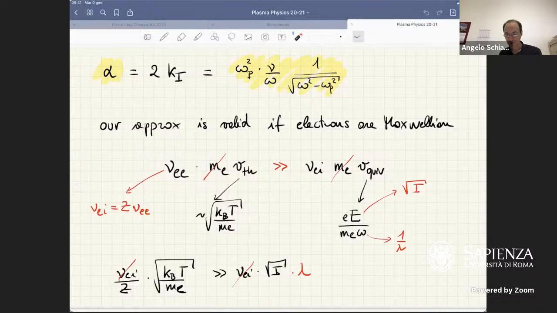The electron is oscillating up and down in the direction of the electric field with a velocity which oscillates in time at the frequency of the wave, and whose maximum amplitude can be described as directly proportional to the electric field and inversely proportional to the inertia of the electron, so the mass of the electron, and the frequency of the wave. Okay.